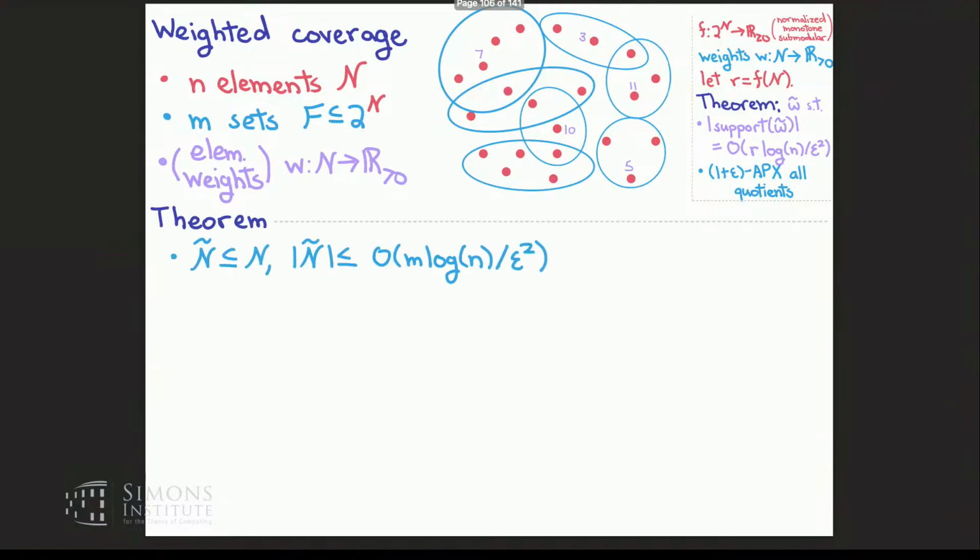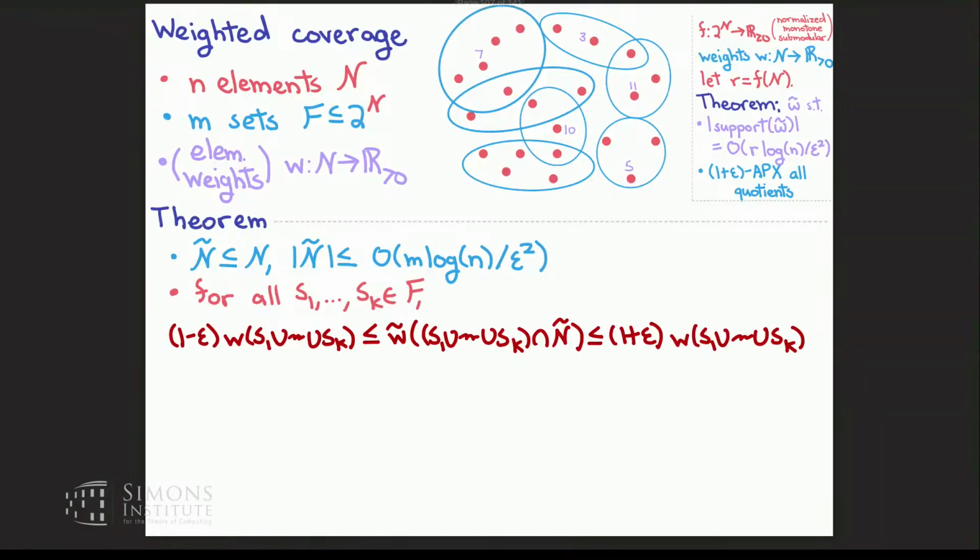So the theorem is that we can take our elements and get it down to a number of elements proportional to the number of sets. So in some overdetermined case, you have way more points than sets. And you can preserve the weight of every union up to a 1 plus epsilon factor.